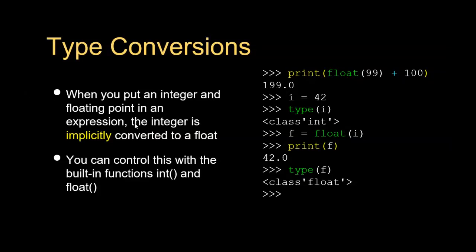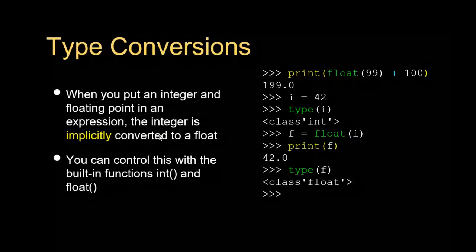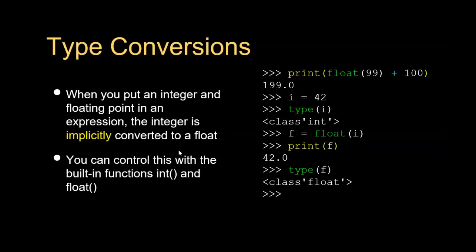If you put an integer and a floating point in an expression, the integer is implicitly converted to a float. But you can control this with the built-in functions int and float. You see here that this float function will force the number 99 to be 99.0.